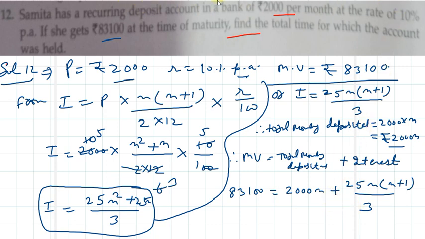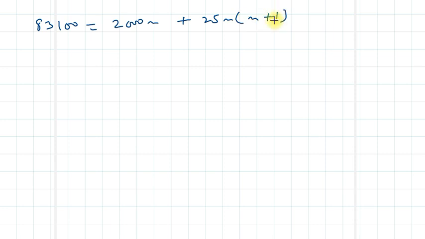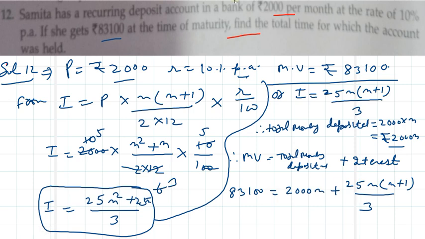So students, let us take this on the next page. So this has become 83100 equal to 2000n plus 25n into n plus 1 upon 3.